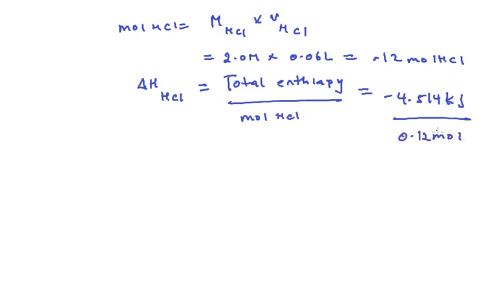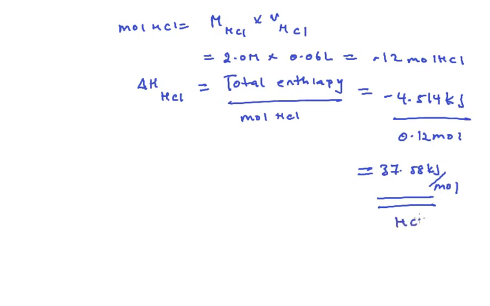So if you divide 4.514 by 0.12, let me do my calculation, 4.514 divided by 0.12, that would give you about 37.58 kilojoules per mole. Okay, so the contribution of hydrochloric acid in the whole process is 37.58 kilojoules per mole.